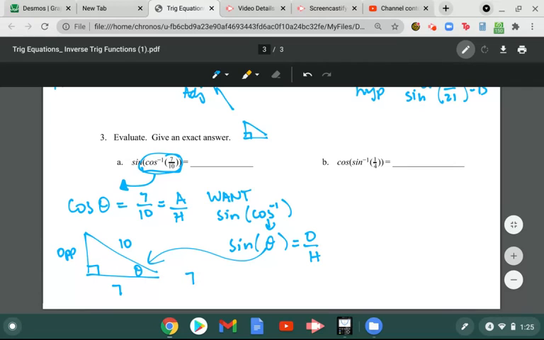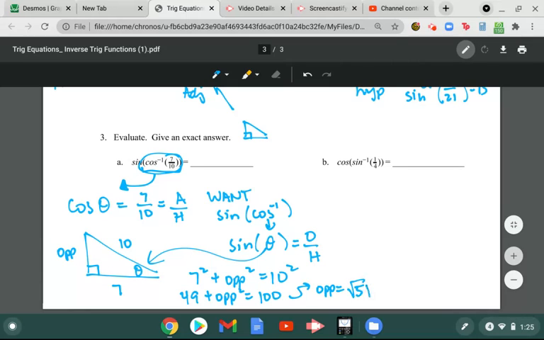So I'm just going to use the Pythagorean theorem. 7 squared plus my opposite side squared is equal to 10 squared. So 49 plus opposite squared is equal to 100. If I subtract that, I get opposite is 100 minus 49 is 51.